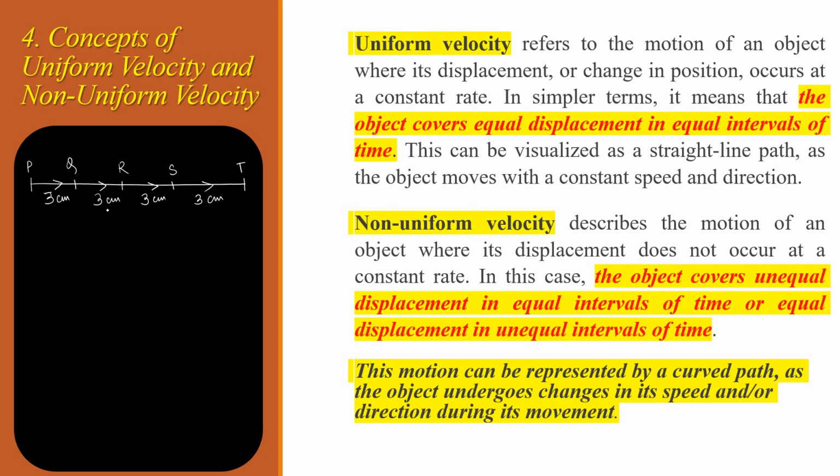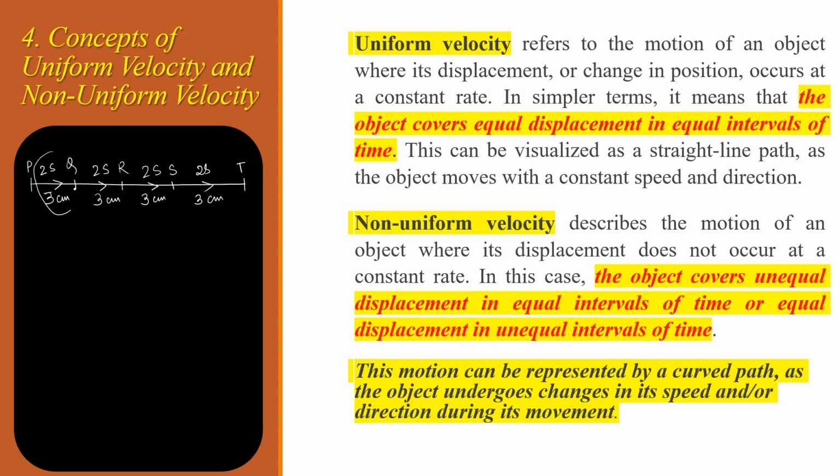Here we should consider the direction because here we are considering the displacement, and the body is traveling from P to T. Okay, so the P to Q displacement is covered in 2 seconds, then it is also in 2 seconds, then it is also 2 seconds, and the last distance is also in 2 seconds.